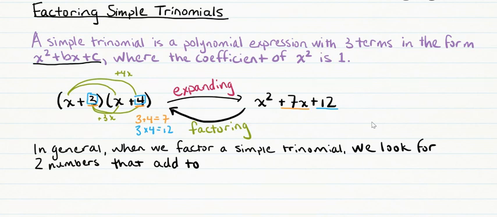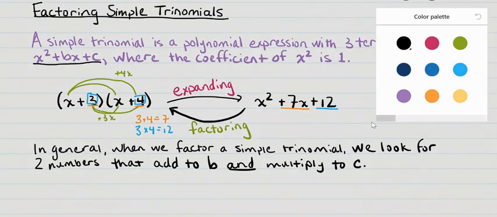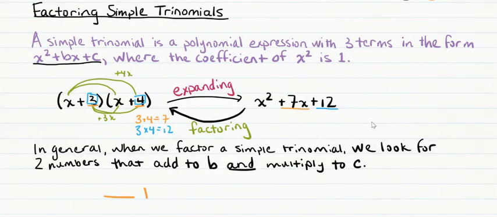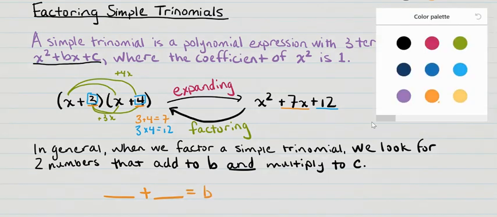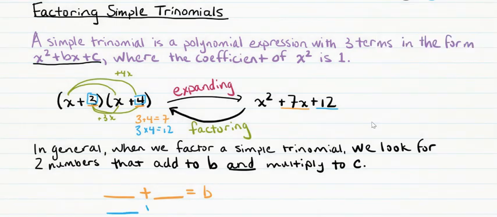So we want two numbers that will add to b, and also those same two numbers should multiply to c. In this case, the 3 and the 4 multiply to give 12. So those two numbers that we're finding, we want them to add to give b, and we want those two numbers to multiply to give the answer c.